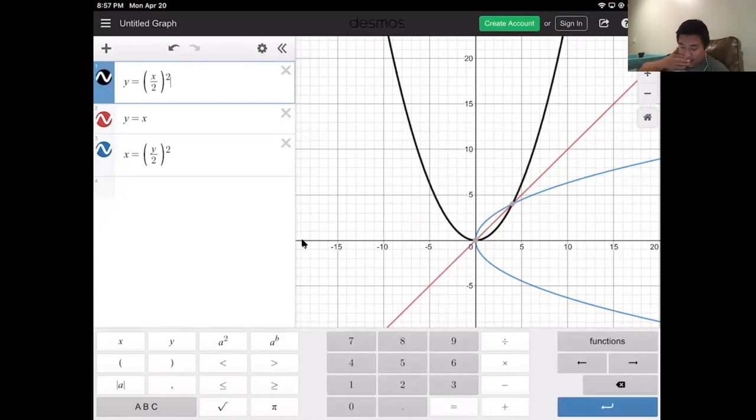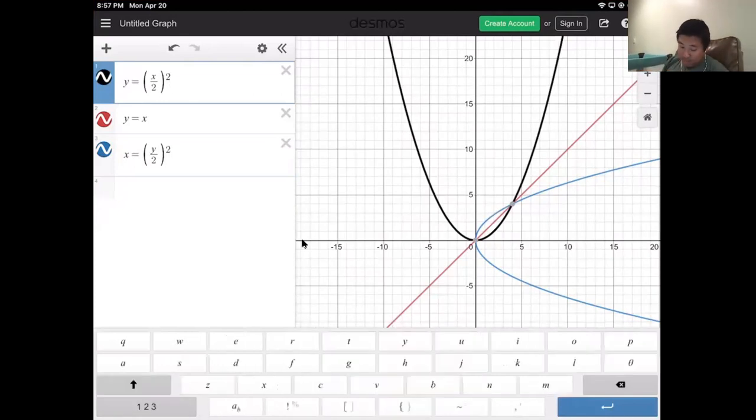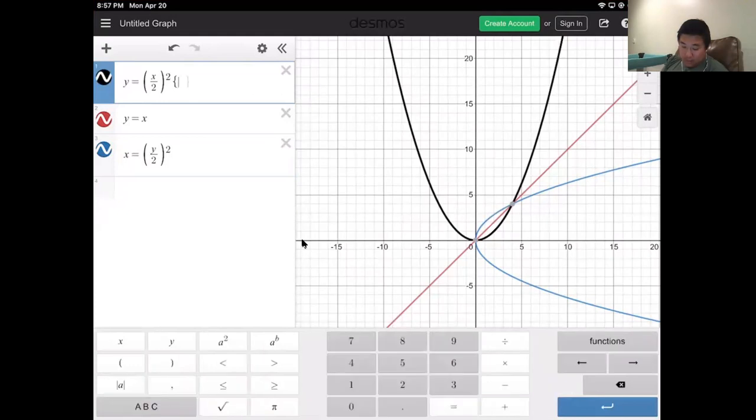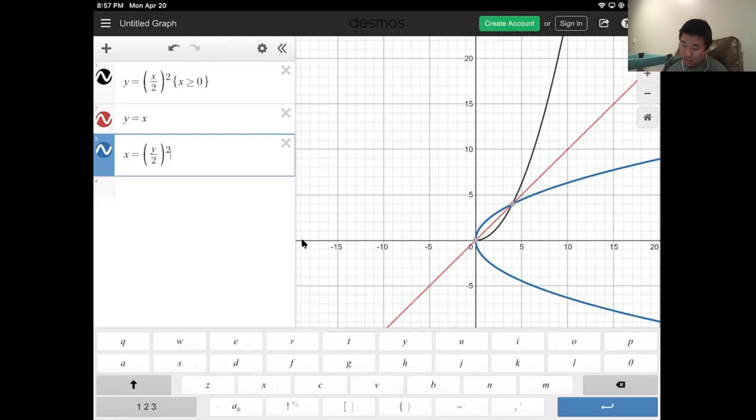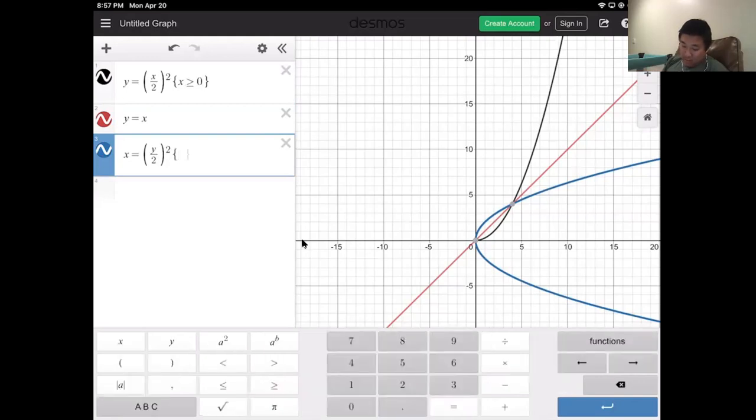How do you restrict the domain on Desmos? Oh, yeah. Then you would say y is greater than 0. And there you go.